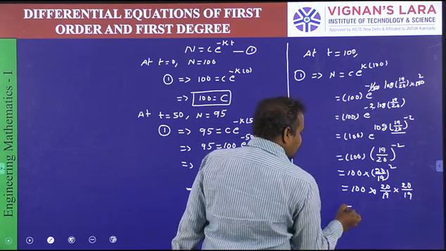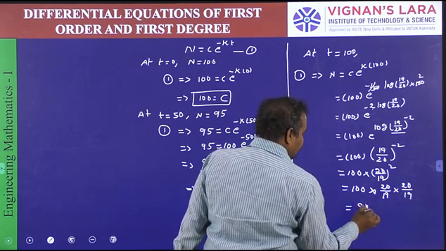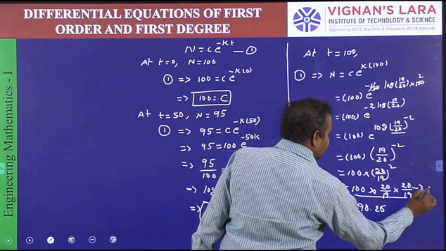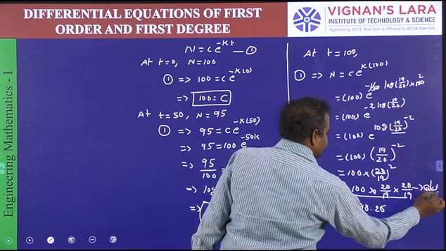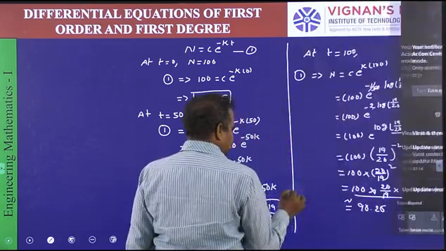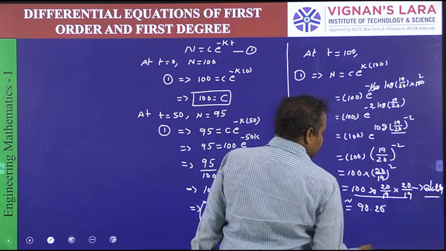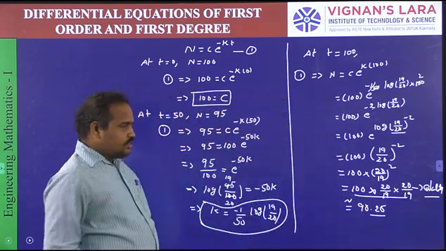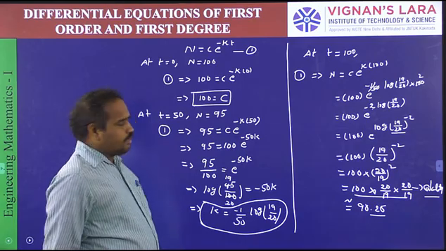Approximately 90.25. Use a calculator for this. You will get the value as 90.25, which is the answer of the given problem.